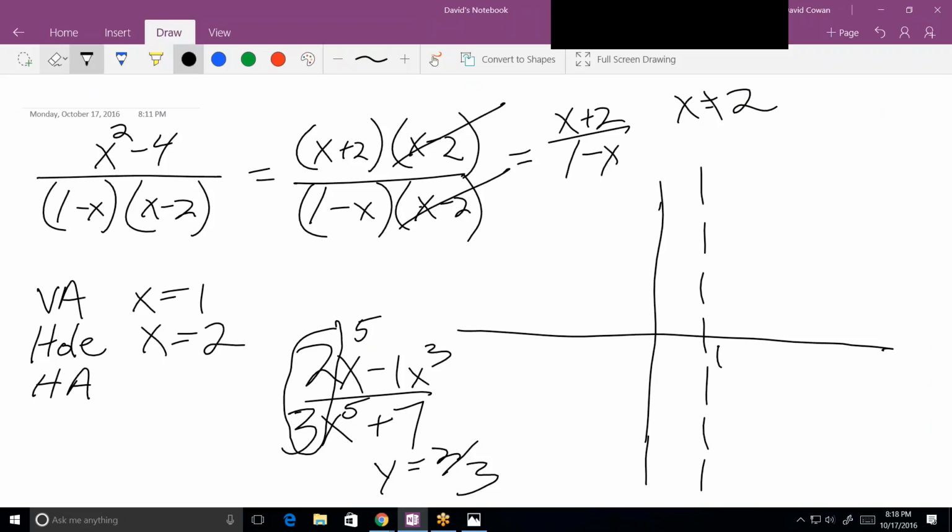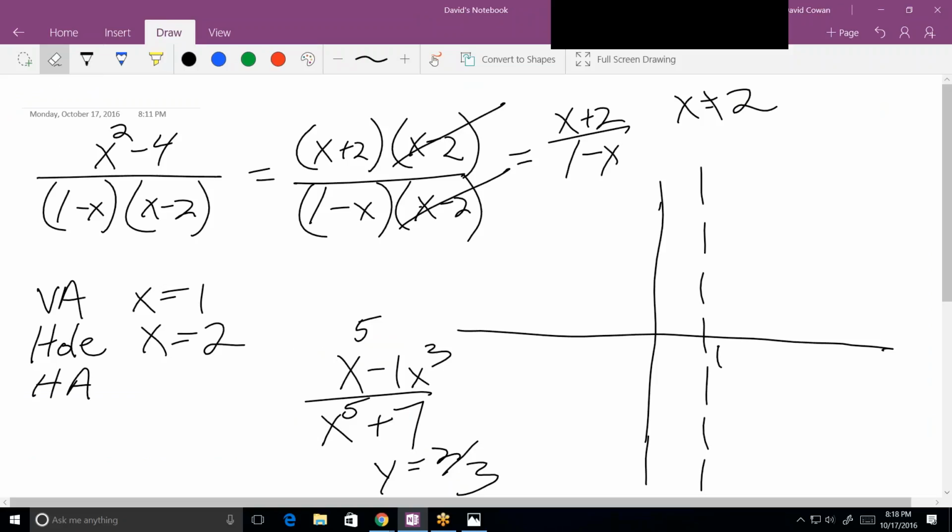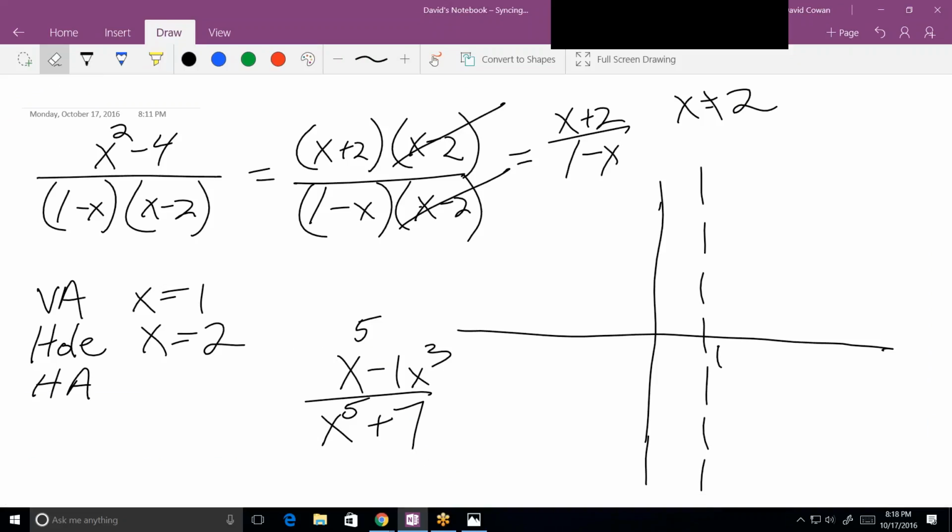There's a third example, and that is where the degree in the numerator is exactly 1 higher than the degree in the denominator. And the way you handle this always results in an oblique asymptote.